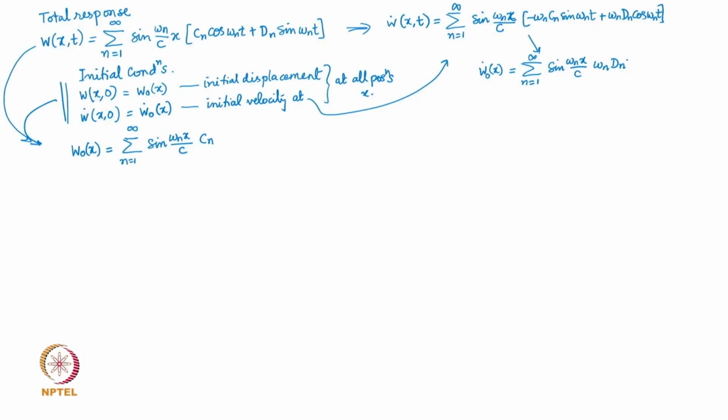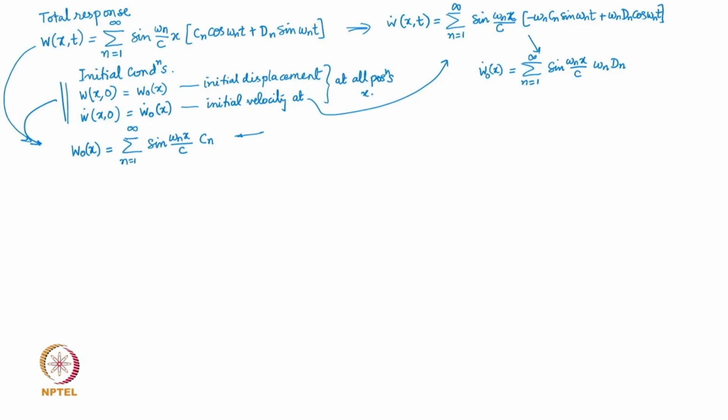All right, now these two terms essentially represent the Fourier series expansion of W naught of x and W naught dot of x. You remember Fourier series? You decompose that function into several harmonic functions, a summation of all the harmonic functions.